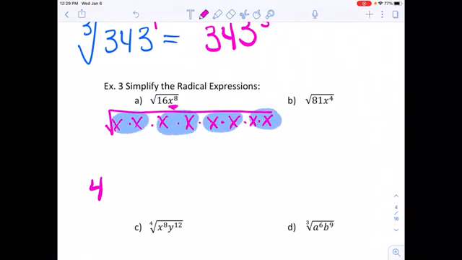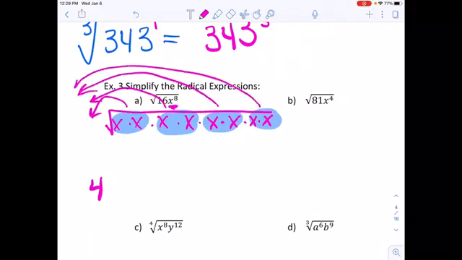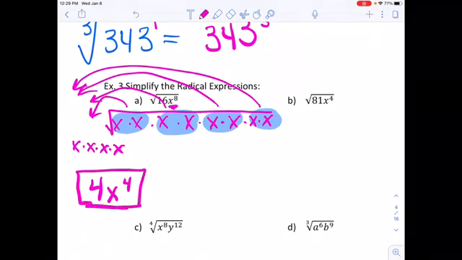You'll notice there are 4 pairs of 2, which means I now bring out 1, 2, 3, 4 x's, and nothing is left on the inside. So I now have x times x times x times x as my reduction. So my final answer is actually 4x to the 4th based on that. Okay?